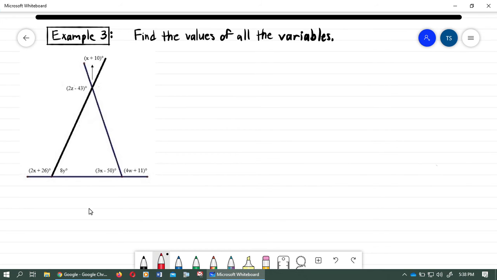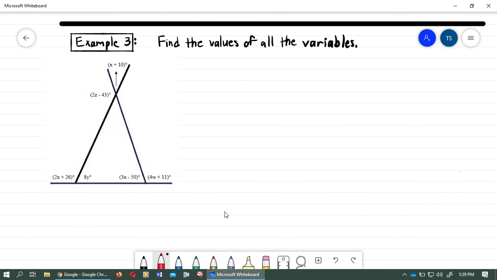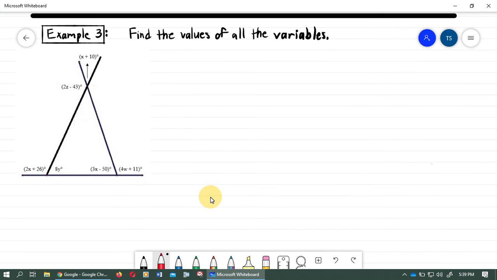So guys, in this diagram, they got 4 different variables. They got a variable x, a variable y, a variable w, and a variable z. But look here at that variable x. How many angles involve the variable x?